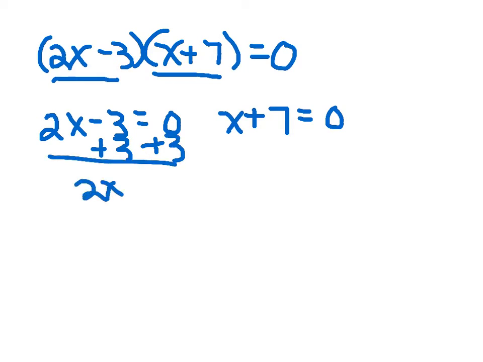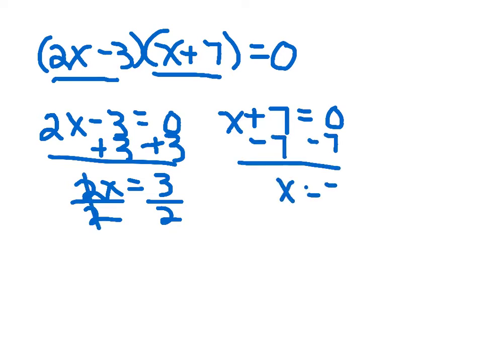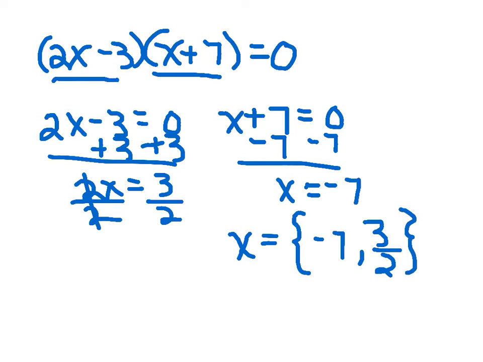This gives me 2x equals 3, divide by 2, and you can keep it just as an improper fraction. X is -7. So my two solutions are x equals, whoops, see, even I have trouble with the brackets sometimes. X equals, that's better, -7 or 3 over 2. Okay, but of course, doesn't everything that we do start out that easy?